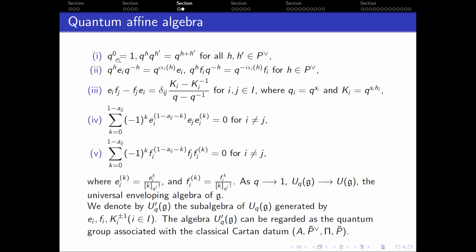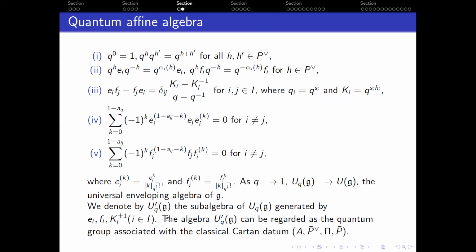So in other words, all these relations, if you take the limit q goes to 1, the resulting relations will be the relations for the universal enveloping algebra U(G), which is a Hopf algebra. And so is U_q(G). They are Hopf algebras.